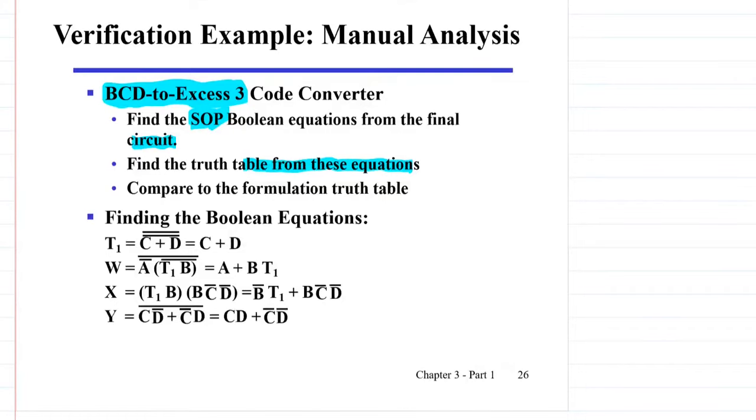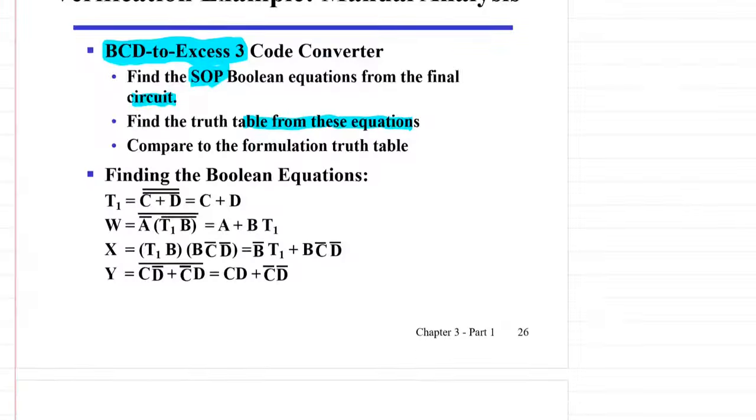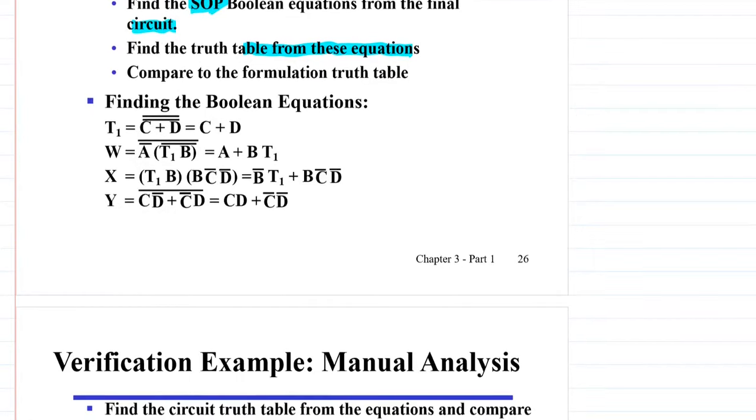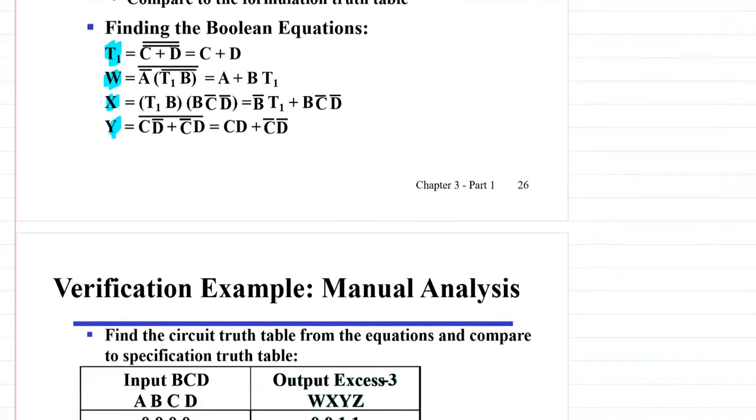We can form the truth table and compare it to the formulation truth table that we had. We already have the Boolean equations. For T1 we have C or D, and for W, X, Y, and Z we have the expressions.